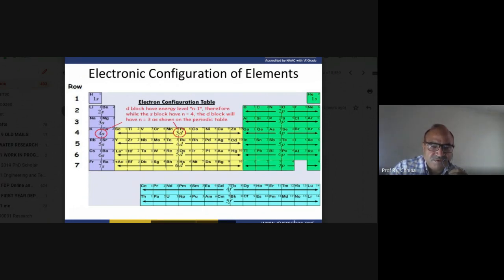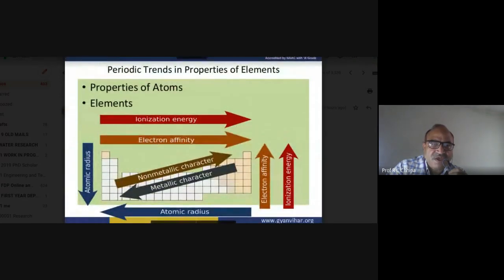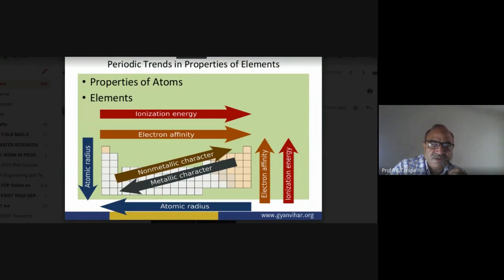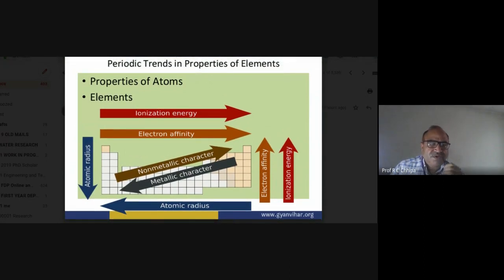Now we continue. We have already discussed the number of elements covered, and now we have this arrangement. So we can see the properties of atoms. Ionization energy varies from left to right. The atomic radius varies from top to bottom.